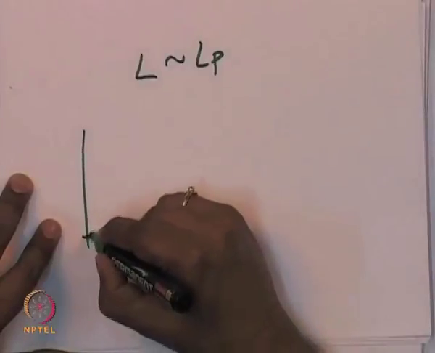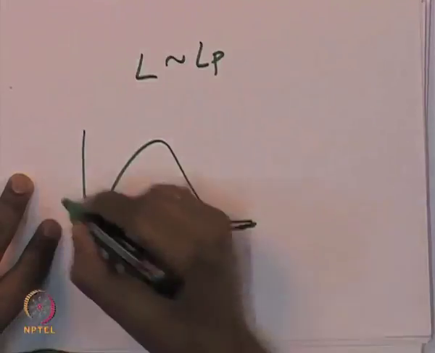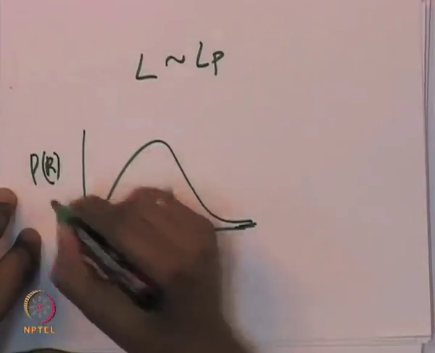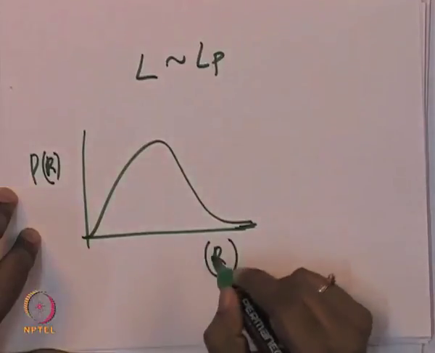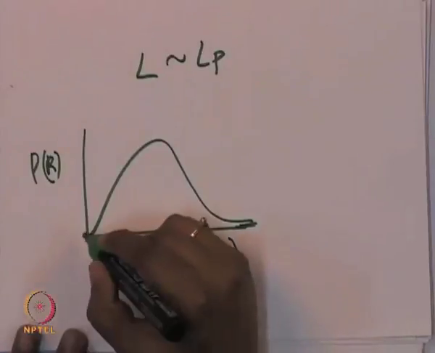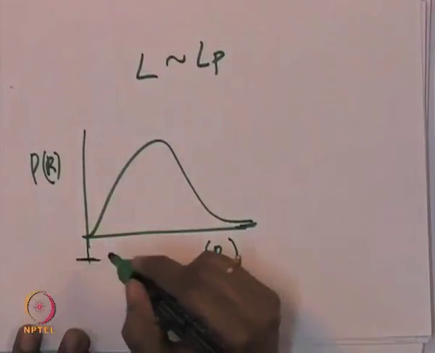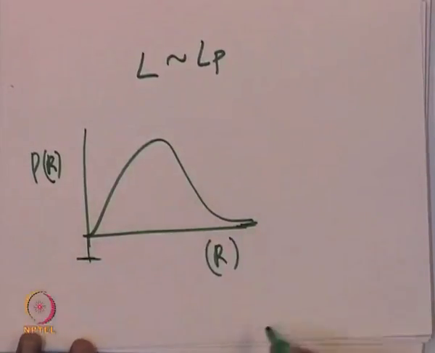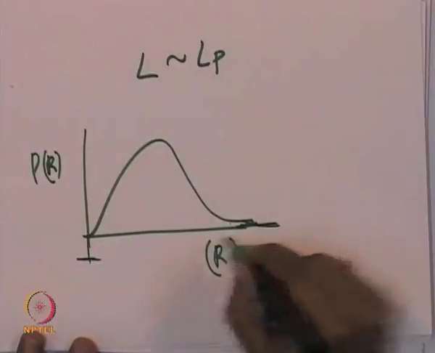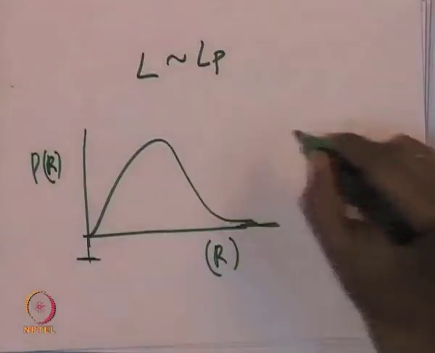P of r versus r, for some intermediate length. Okay, so this is not 0. Actually, the 0 will be somewhere here. This is some positive value, and then it finally reaches 0. So you can imagine this for this intermediate length DNA.